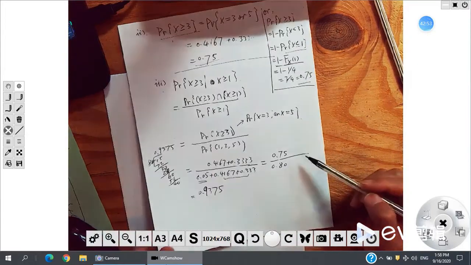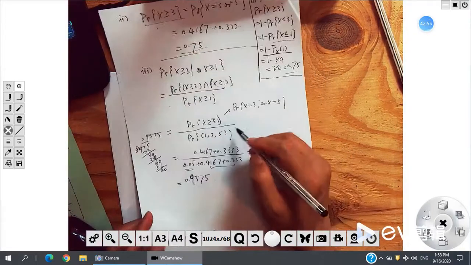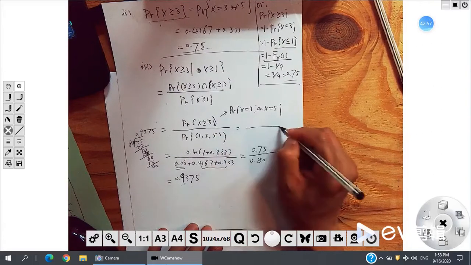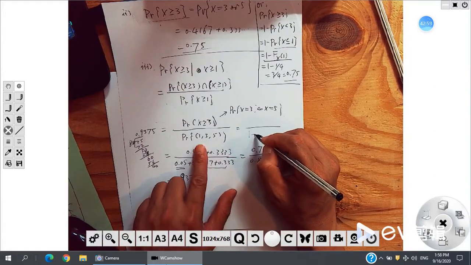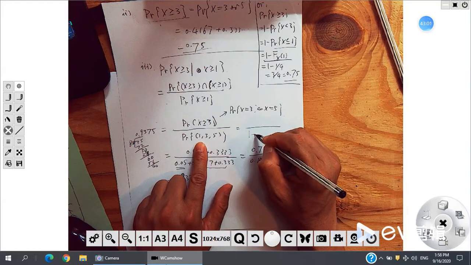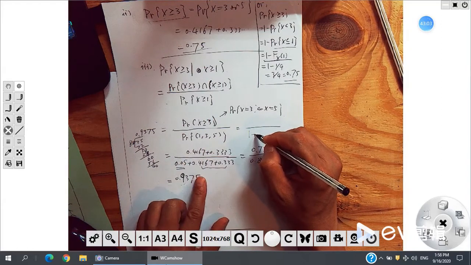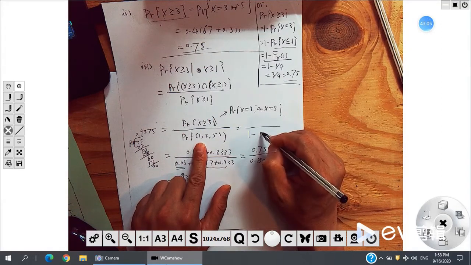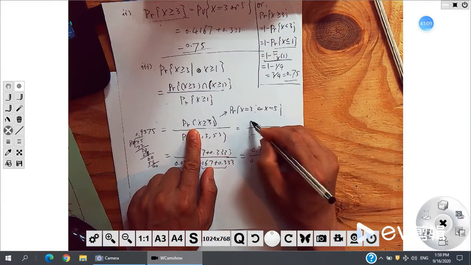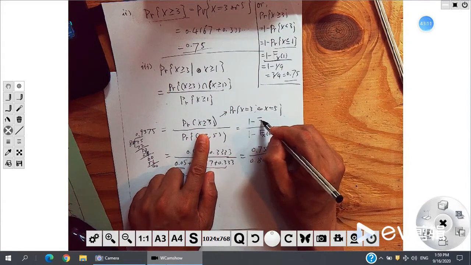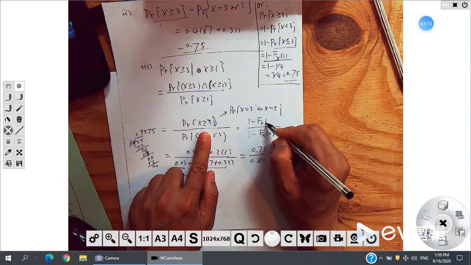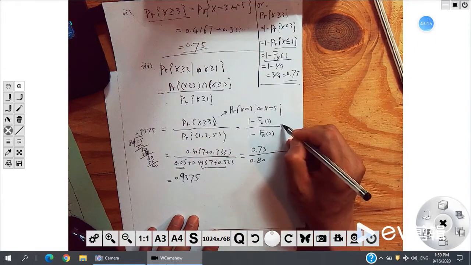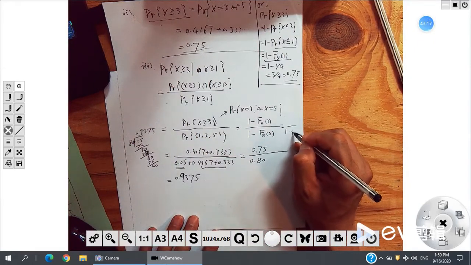And this one is similar. This is 1 minus the probability of smaller than or equal to 0, so minus F_X of 0. And the numerator is 1 minus F_X smaller than 3. So this is 1 minus 0.2.